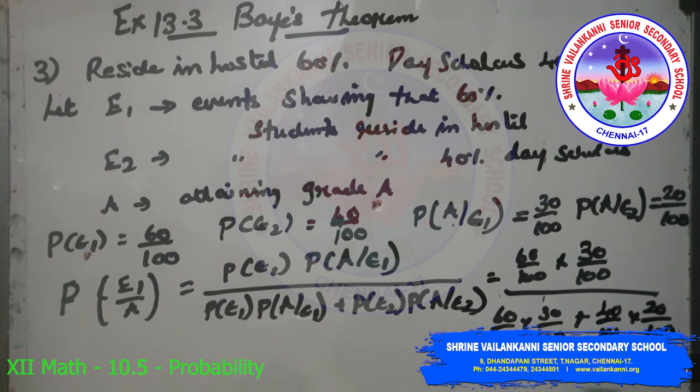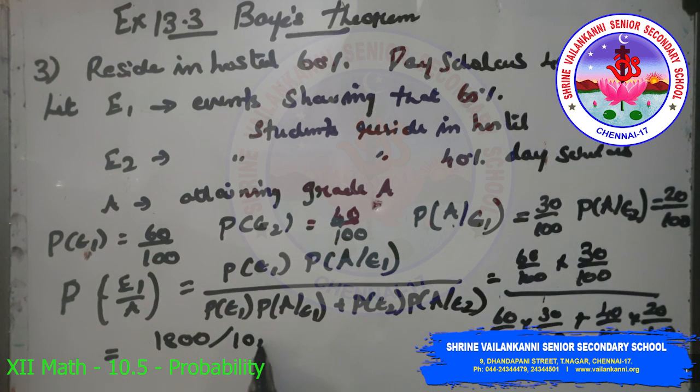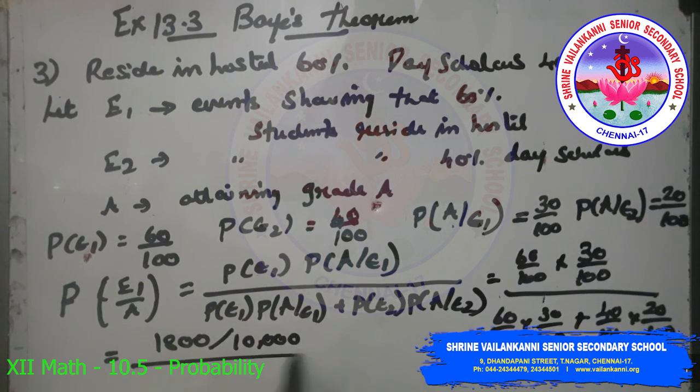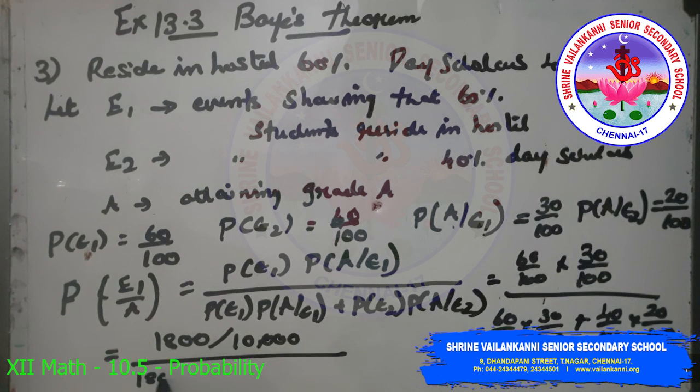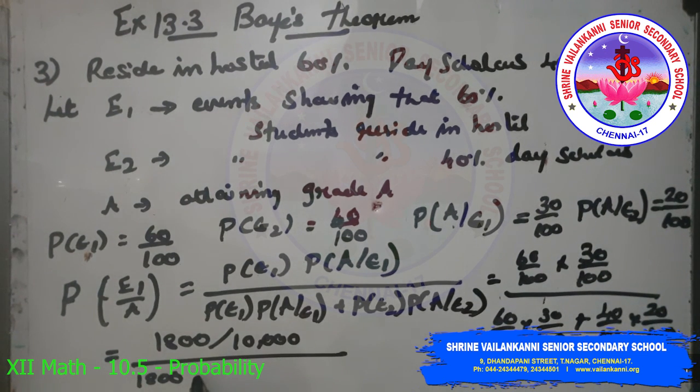Simplifying this, we get 1800 by 10,000 whole by 1800 plus 800 by 10,000.